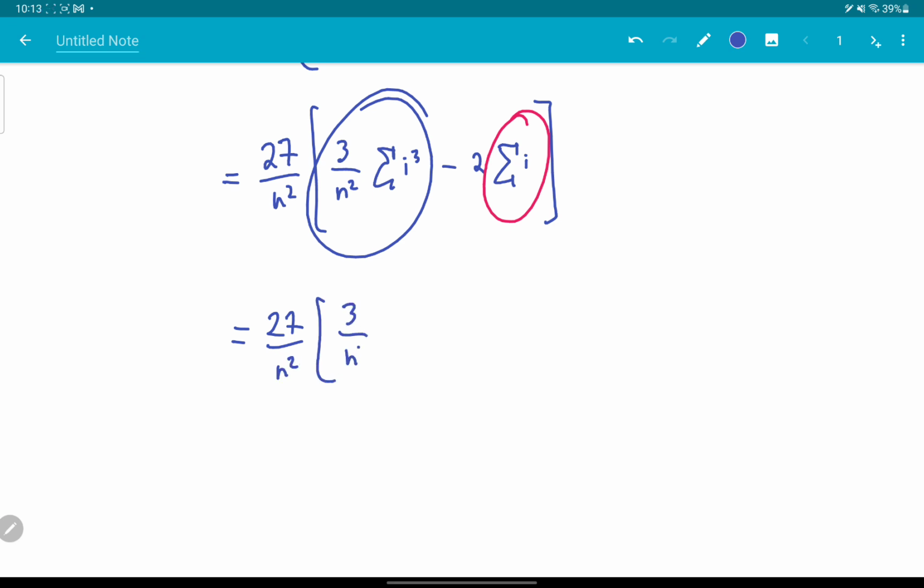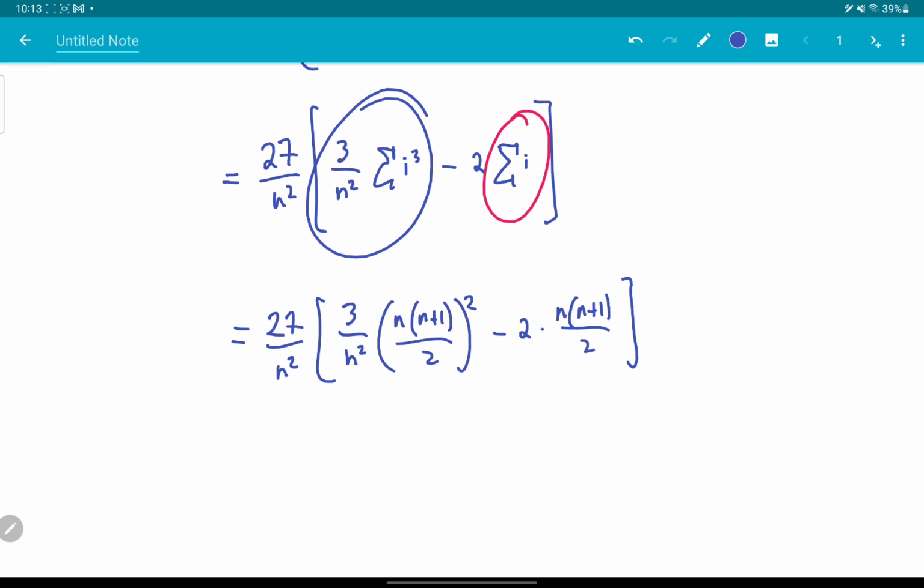Three over n squared, now this is the n plus 1 over 2 all squared, minus 2, and this was the n plus 1 over 2.